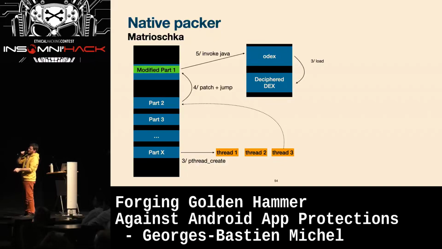In fact, each region is the region where the start routine of a shield thread is located. So the execution will jump to another section, such as part X, and this one will create a new thread, and each thread will start its execution by executing its corresponding part.